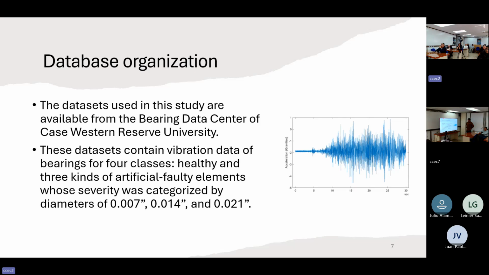These datasets contain vibrational data from two different sources, and this data has been categorized by severity using three different diameters. Generally speaking, this is how the database is organized.